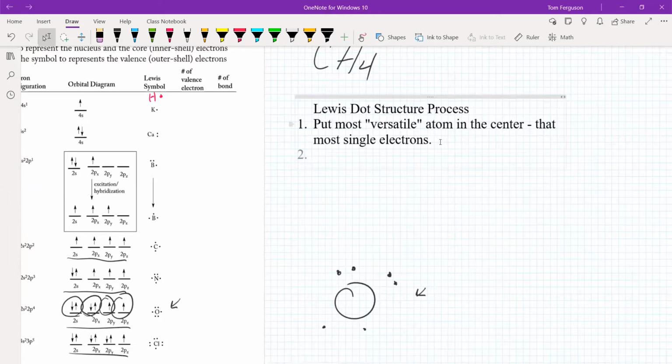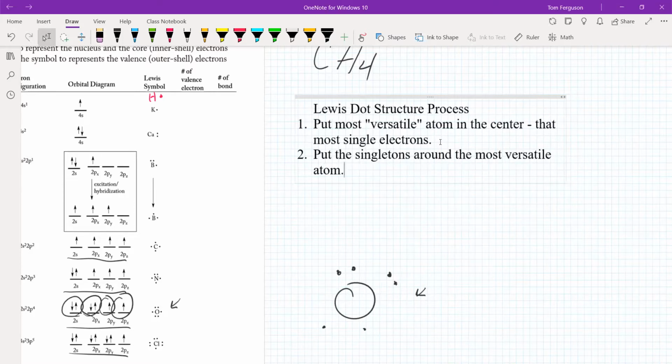Step number 2: put the singletons, that means the ones with 1 electron only, around the most versatile atom.